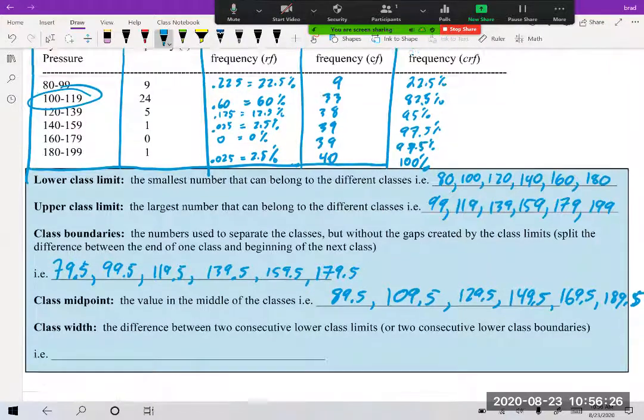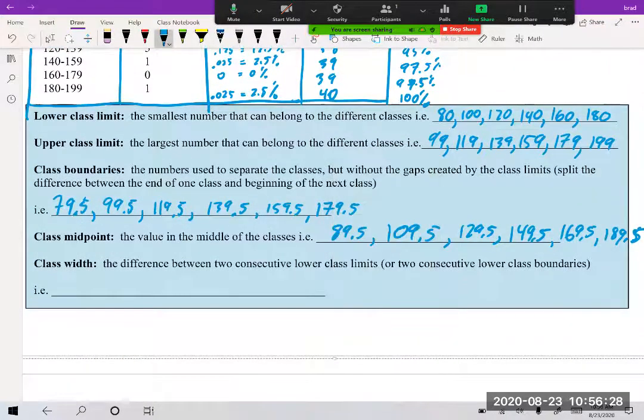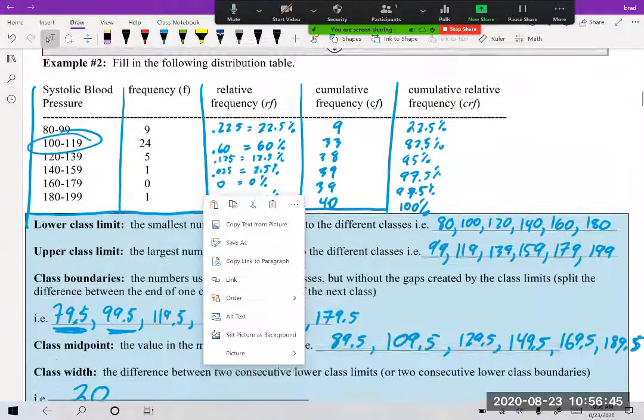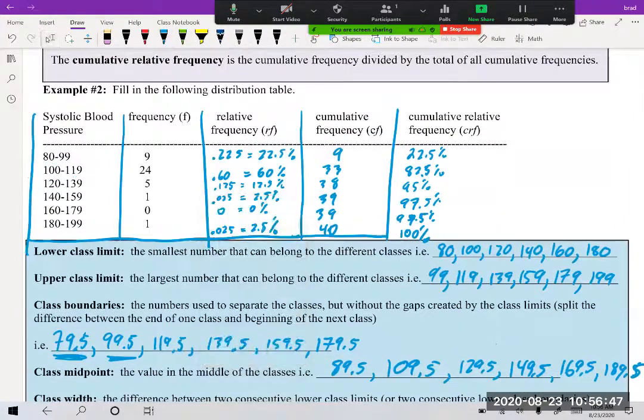Okay, and those would be my midpoints, my class midpoints. Now it's pretty easy to find the class widths, the difference between two consecutive lower class limits or two consecutive class boundaries. Okay, so if we look, how far is it from 79.5 to 99.5? It's 20, right? That's one way we could check. Or we could come over here and say lower class limit to the next lower class limit.